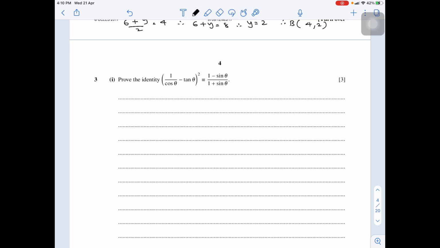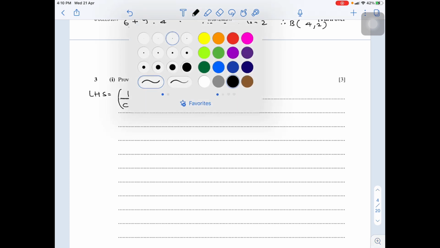Let's try the next one. Prove the identity. 1 over cos theta minus tan theta, squared, is 1 minus sin theta over 1 plus sin theta. Now left hand side, I'm writing 1 over cos theta minus tan theta, which is sin theta over cos theta. So I'm cross multiplying.